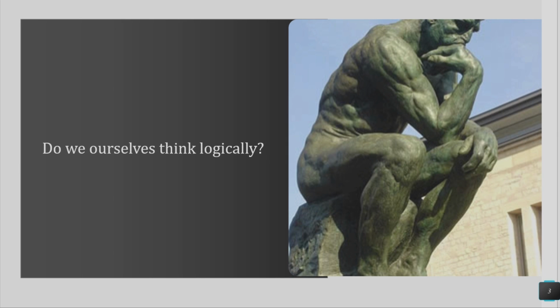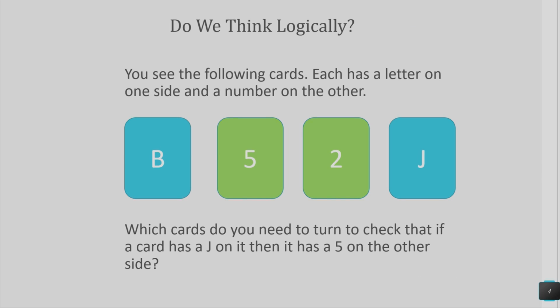But before we can teach systems to think logically, let's see if this comes naturally to us. Do we ourselves really think logically, or is thinking logically a skill that we need to pick up? Let's try a little puzzle. You see the following cards. Every card has a letter on one side, on the blue side, and a number on the other side, on the green side.